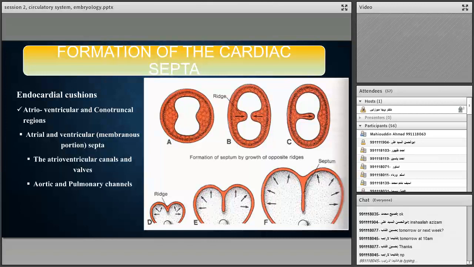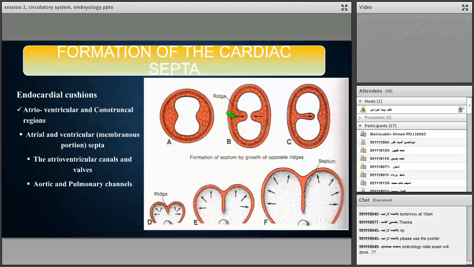One of the ways of formation of the septums, or one method, involves two actively growing masses of tissue. Look at here. For example, in a lumen, we have two growing masses of tissue which are growing to each other's side, and finally they are fusing to each other.